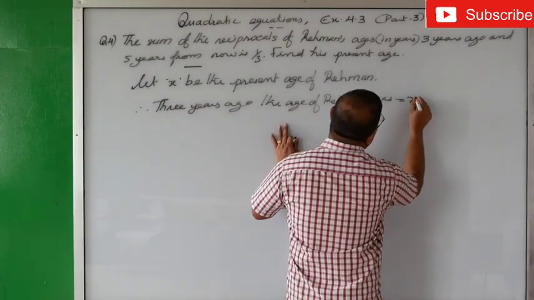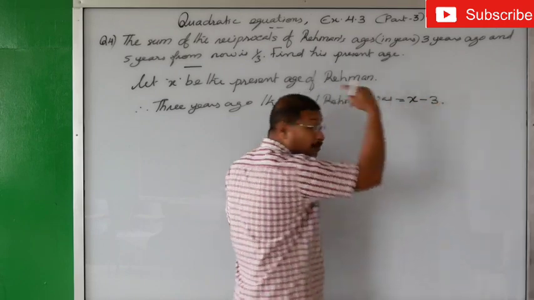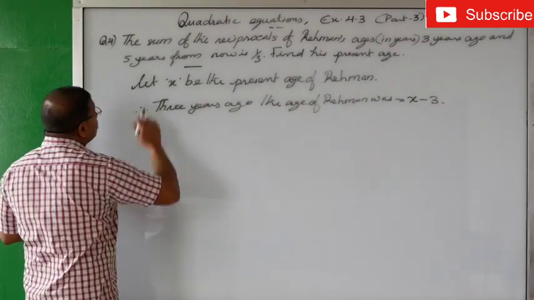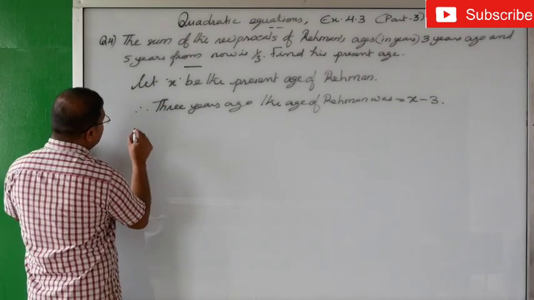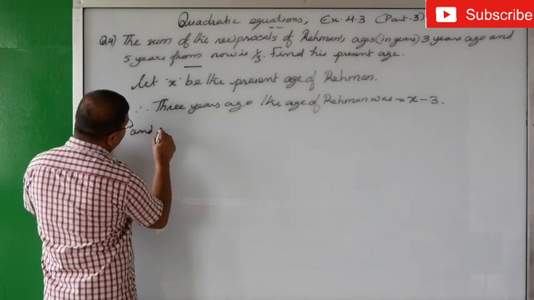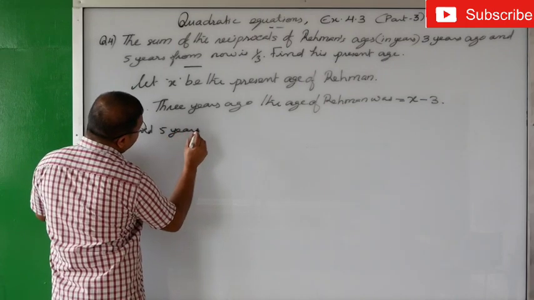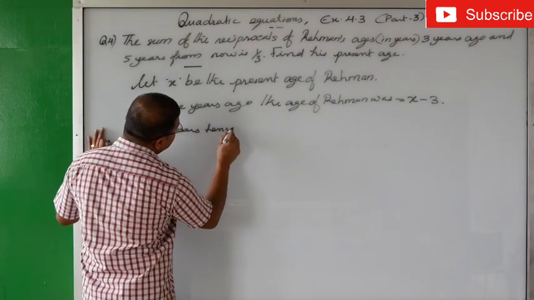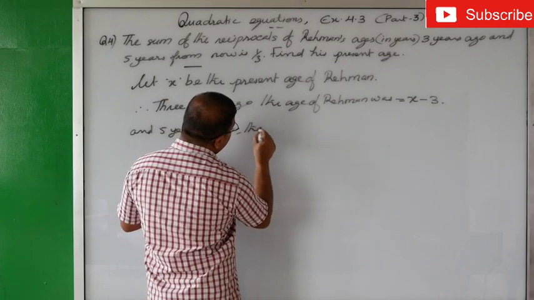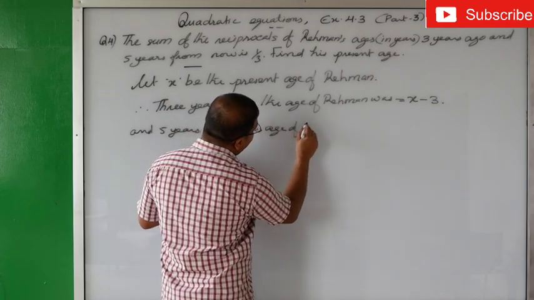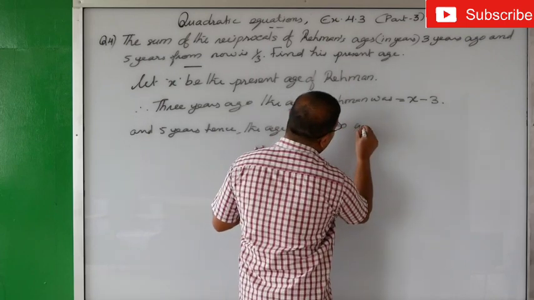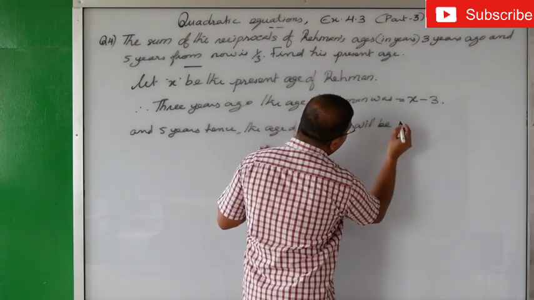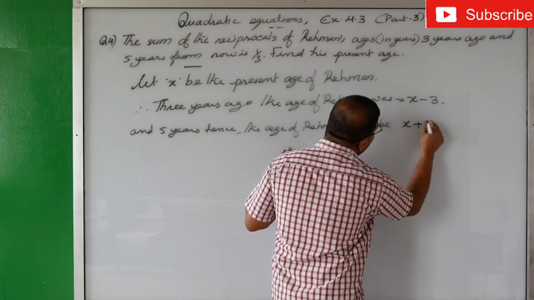It will be x minus 3. 3 years ago, before, isn't it? After that, next 5 years from now means what? 5 years hence. And 5 years hence, the age of Rahman will be, it's going to be future, isn't it? Will be x plus 5.